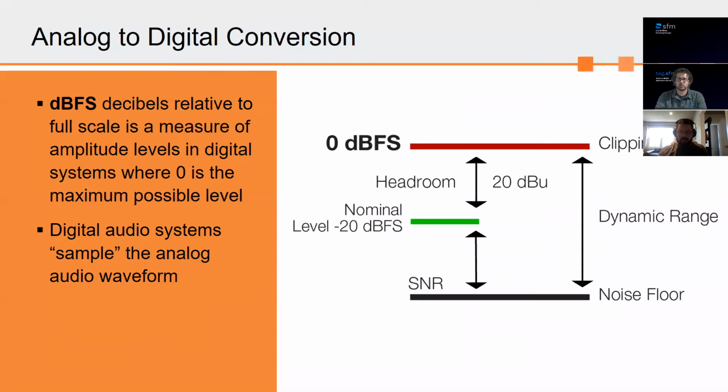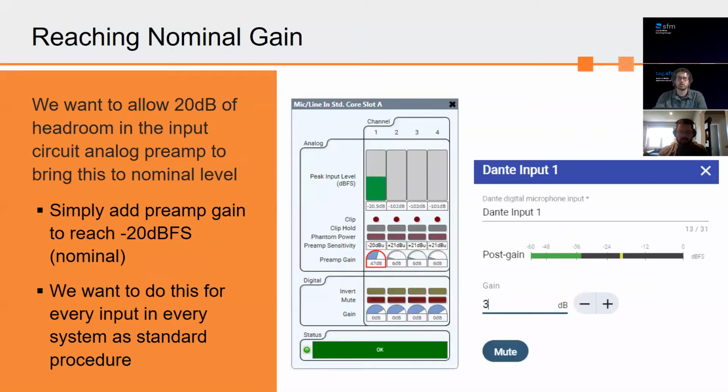So that's where we get that 44.1 kilohertz, 48 kilohertz, or 96 kilohertz sample rate in our systems. So if you clip that, it's a square wave, you cut the top off, it's gone, you lose audio. We don't get that nice flexibility like you do in an analog system where you clip it slightly and it just distorts the audio. So we have to be much more careful when we talk about getting our gain set up in a digital system, and make sure we have that headroom so we don't clip the signal.